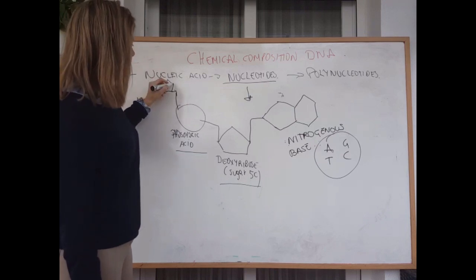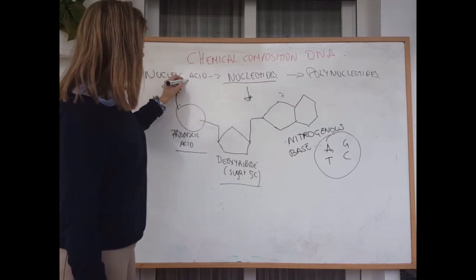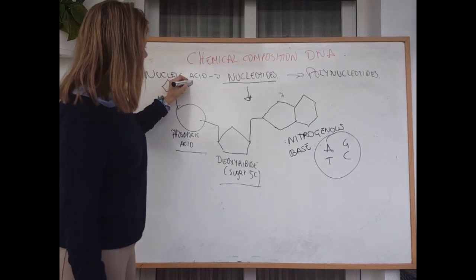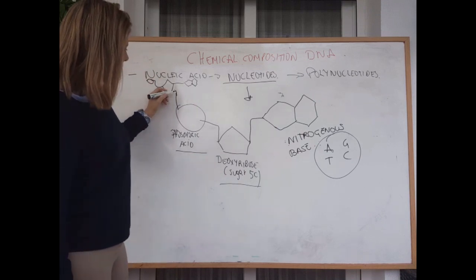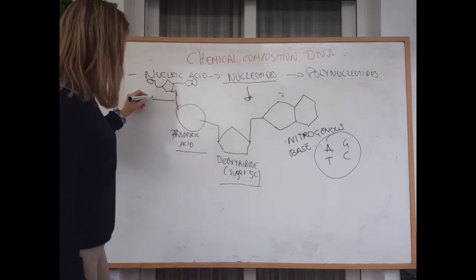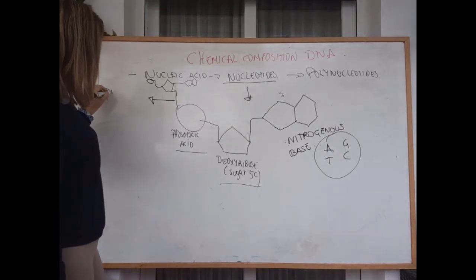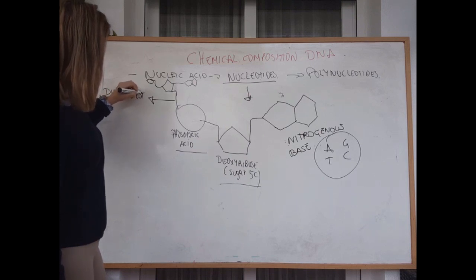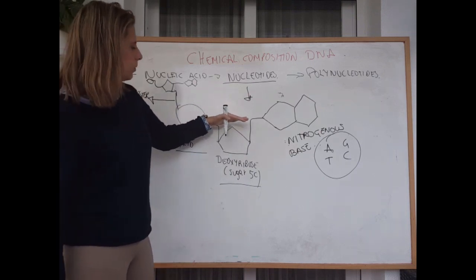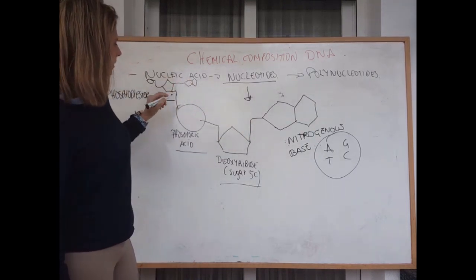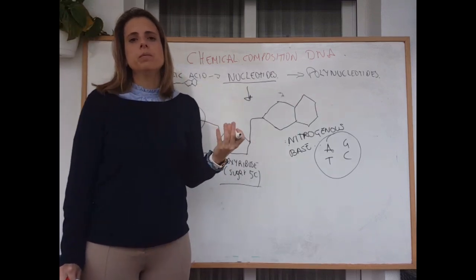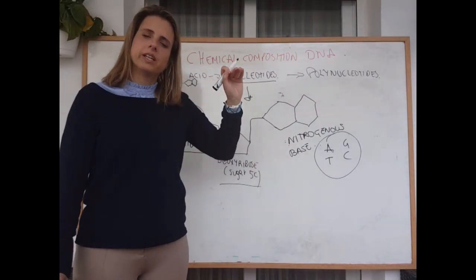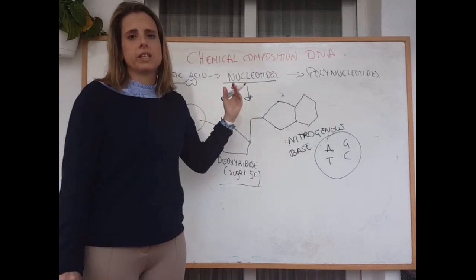So you would have here the nitrogenous base and here another phosphoric acid. So this bond is going to be called phosphodiester bond. So when we join one nucleotide with the following through the phosphodiester bond, okay? That is how we form nucleic acids, joining nucleotides between them.